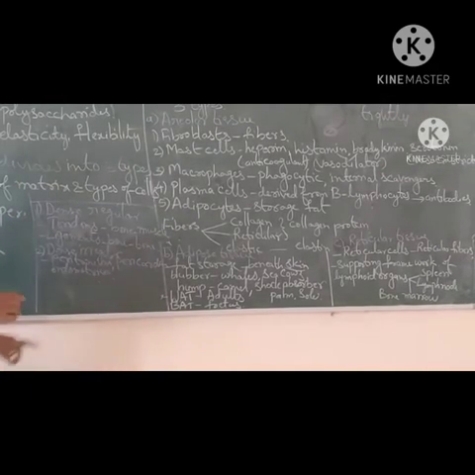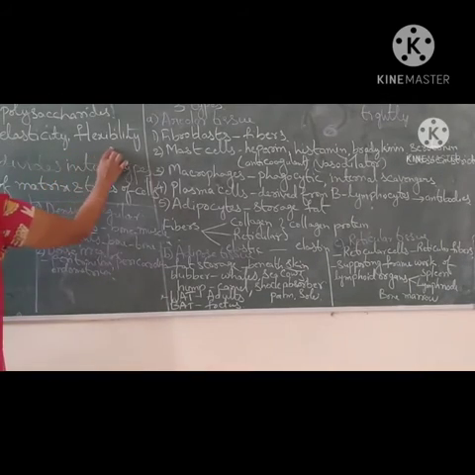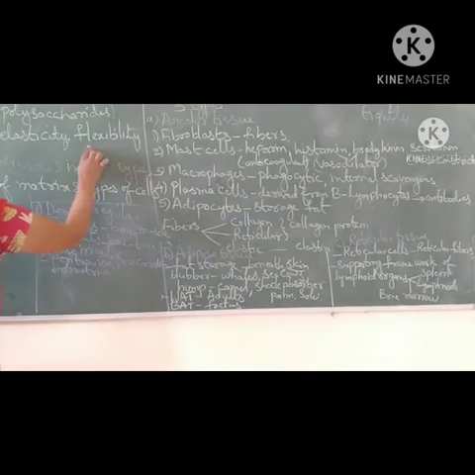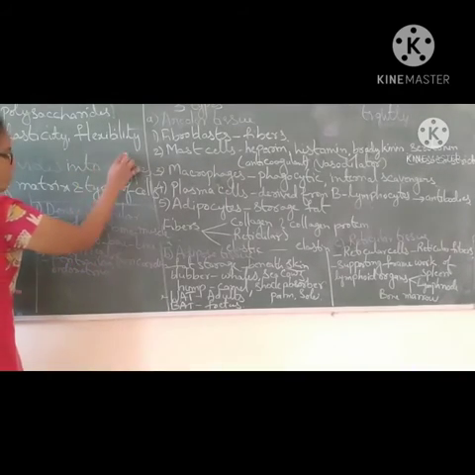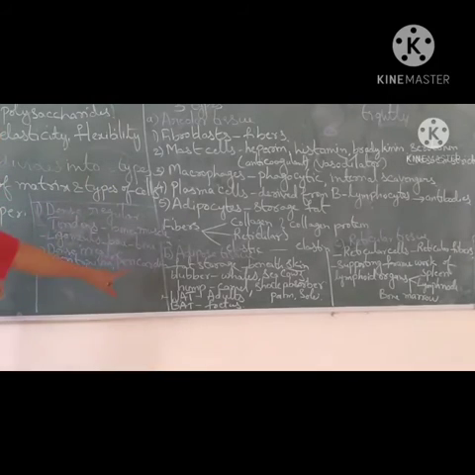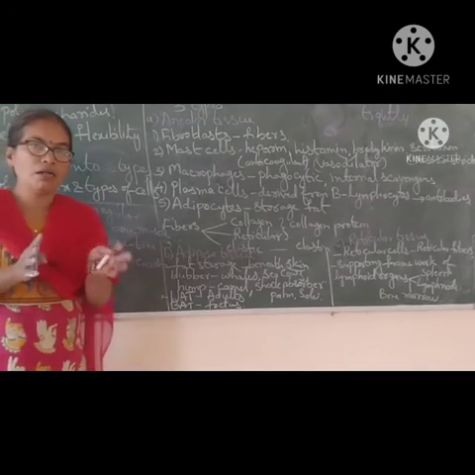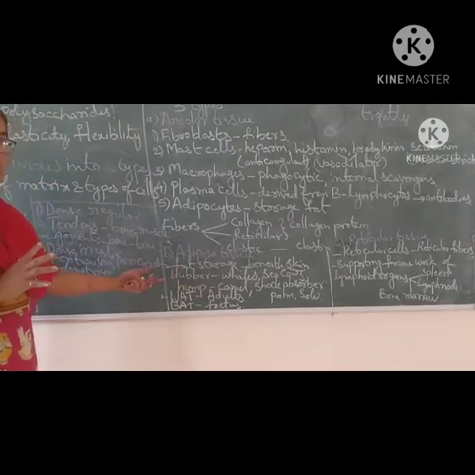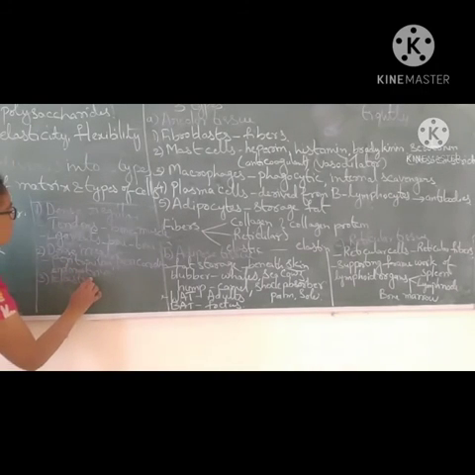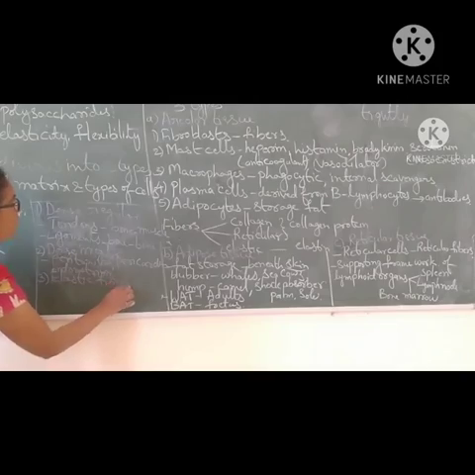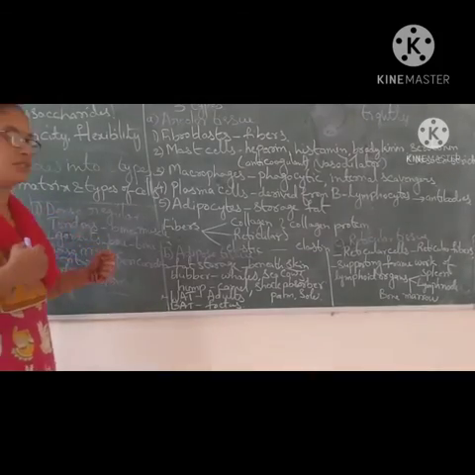The outer covering is called the peritoneum and the inner covering is called the endometrium. The heart is covered by the pericardium, which is covered by dense irregular tissue. And the third one is the elastic fibers, which help in stretching the parts.